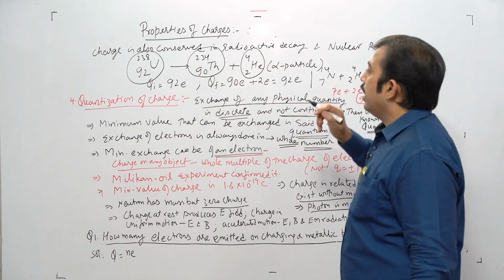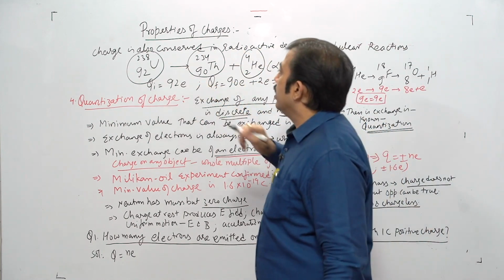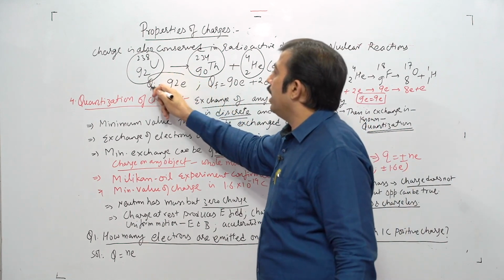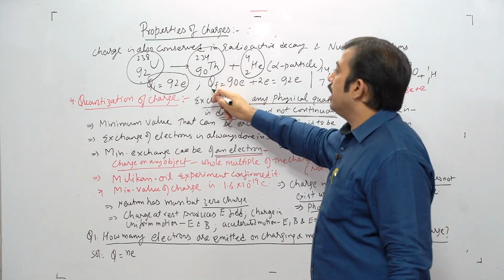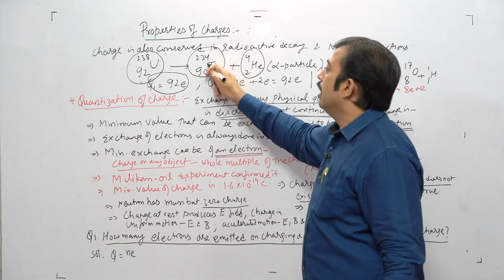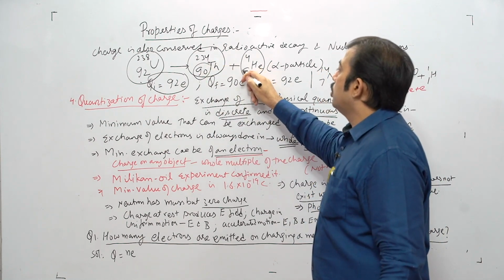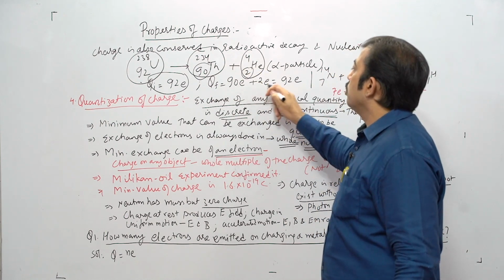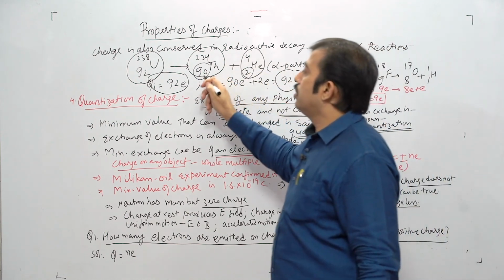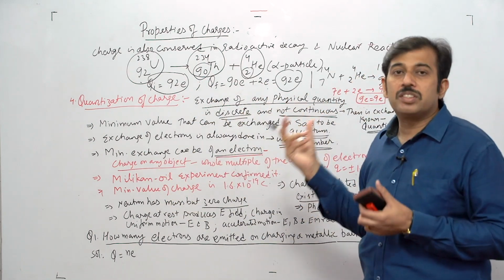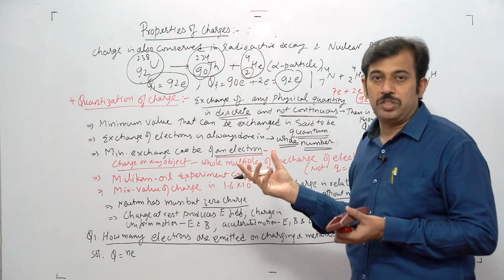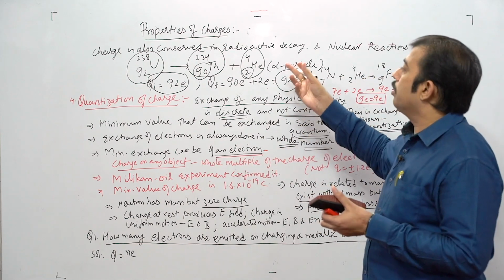Before the decay, the initial charge was 92e, and after the decay the total charge is 90 plus 2, that is 92. That means the charge before and after the decay remains the same. That is what is known as the conservation of charge. We can see it very clearly in the equation.